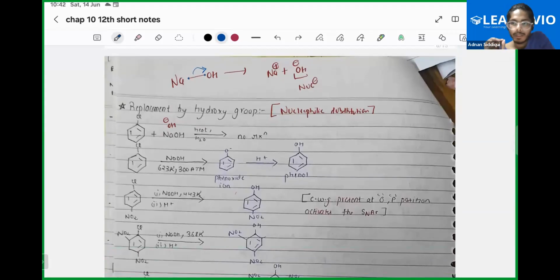So far, what we tried to understand is that if you try to attack a nucleophile onto a benzene or a haloarene, the reaction is less likely to go forward. The reaction is less likely to be feasible. Suppose you say, no matter what the cost is, I have to do this reaction. In a chemical reaction, what is the cost?